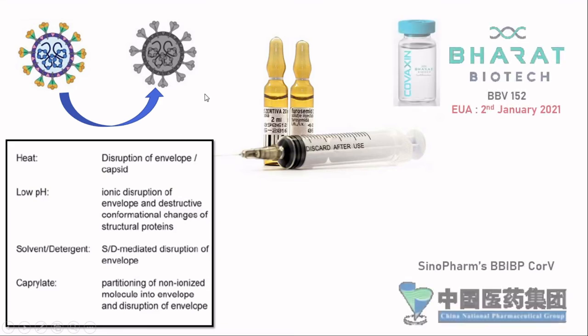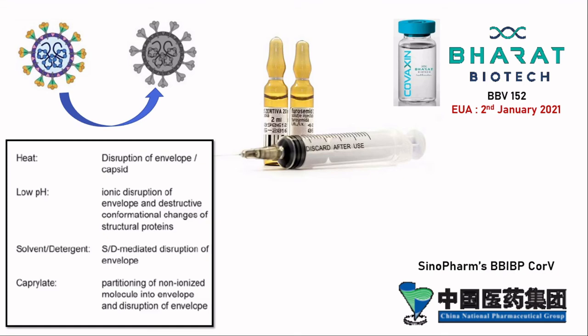And using this strategy, India has come up with a vaccine called Covaxin by Bharat Biotech situated in Hyderabad. They are also planning to set up their second plant in Odisha, and this vaccine got a very recent approval on 2nd January 2021.